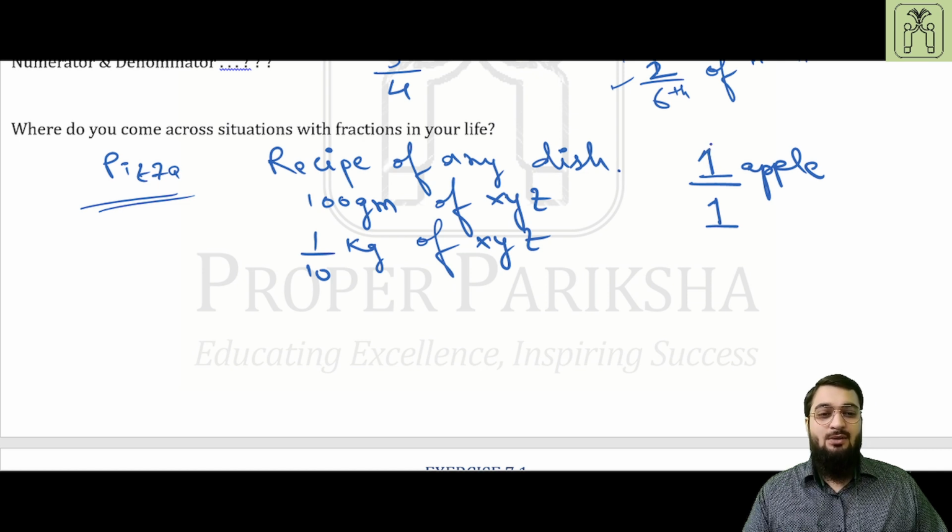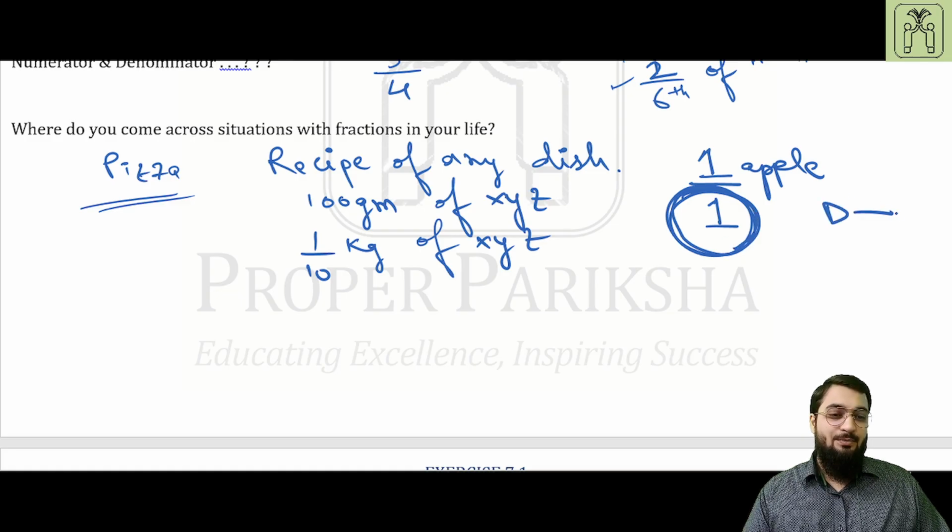So I ate one full apple out of one full apple in my lunch or breakfast or dinner. The thing to understand here is that 1 is the default denominator of any number or fraction if the denominator is not mentioned. If the denominator is not mentioned, then the denominator will be 1.